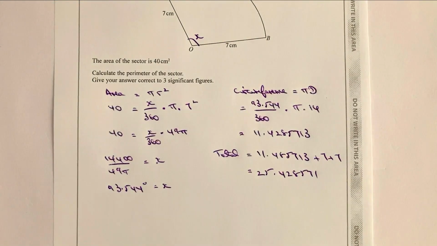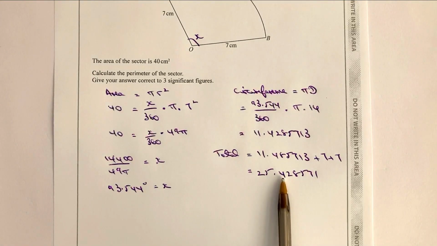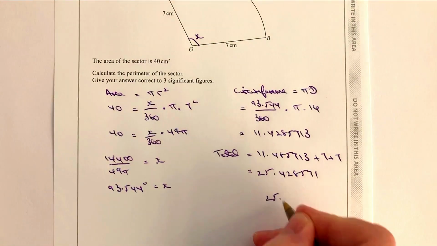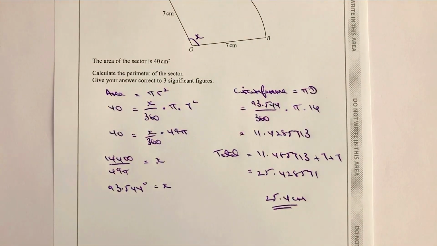Then I would go back to the question itself, and it asks you to give the answer correct to three significant figures. The third significant figure is 4, so it's not going to change because this is less than 5. So the answer to the question will be 25.4 centimeters.